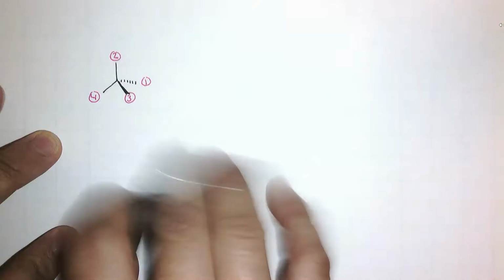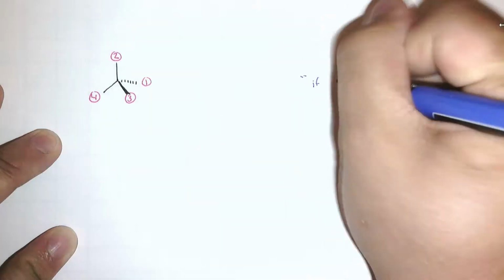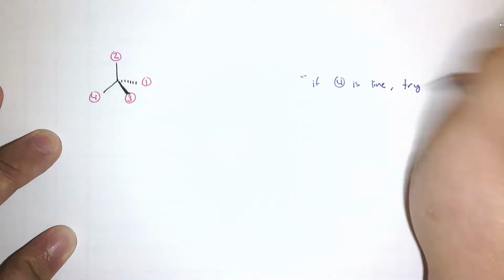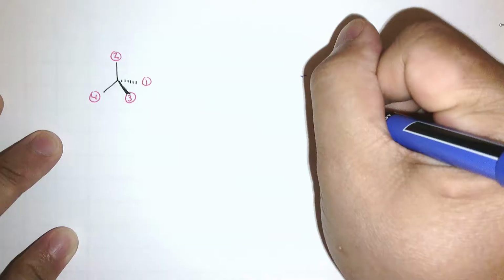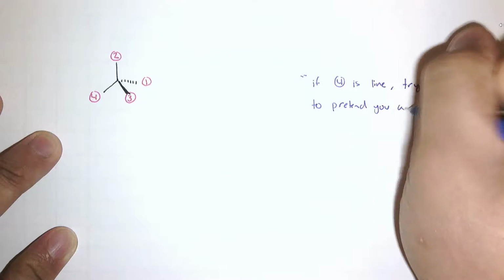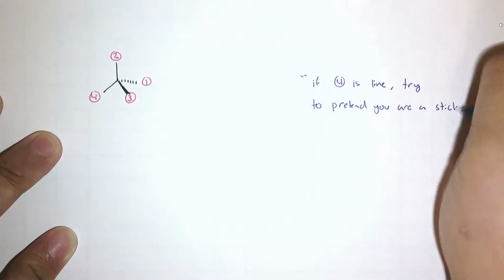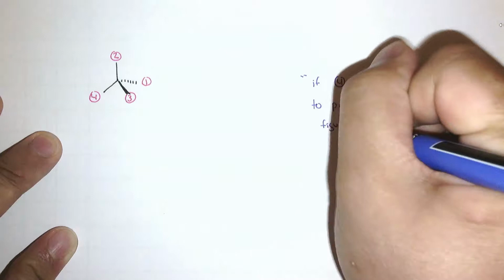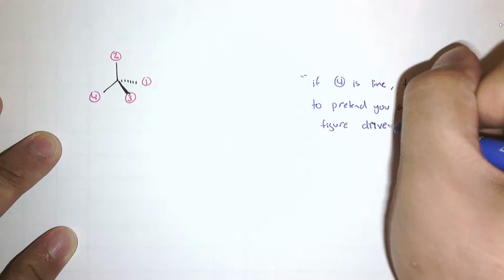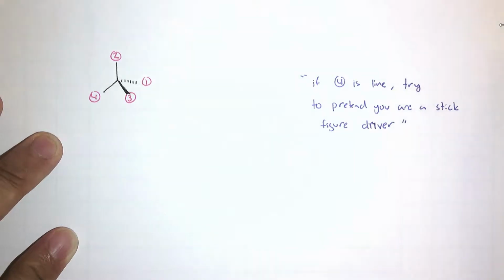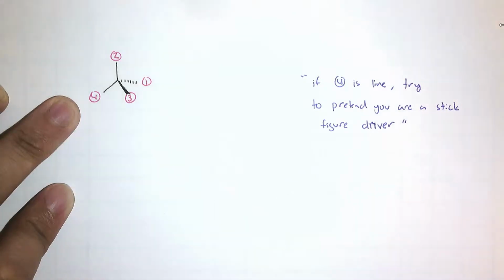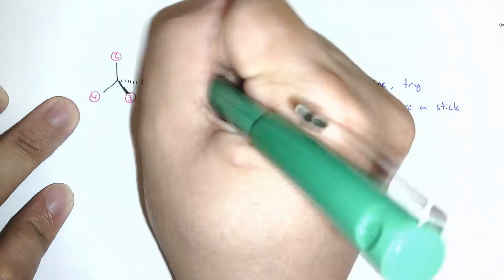So there are a couple things. If 4 is a line, first thing that I would do is try to pretend you are a stick figure driver. I want you to sit in the driver's seat. There's priority number 4. So the driver's seat is right here.